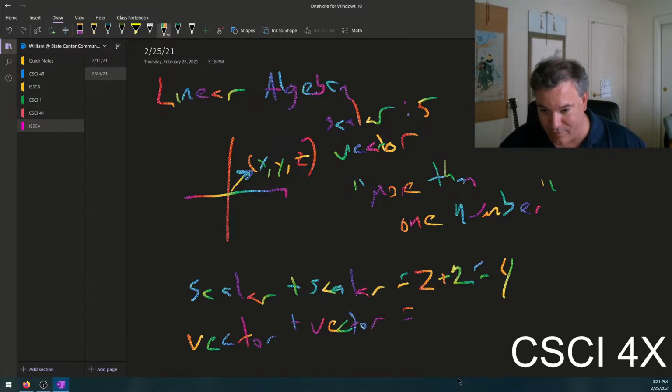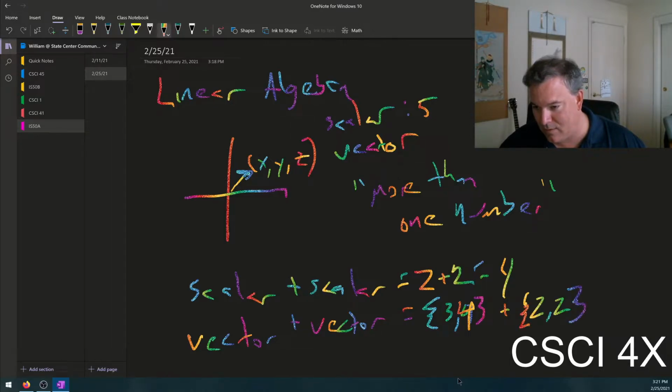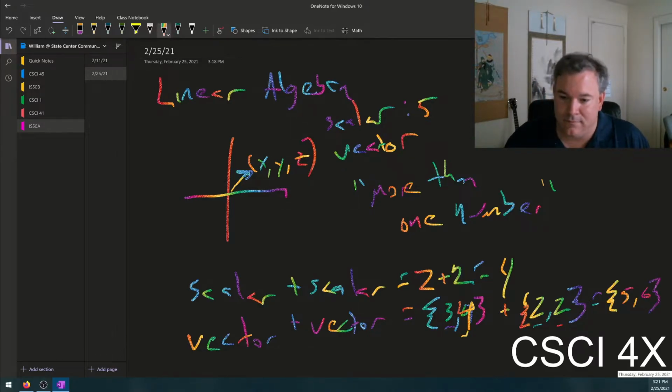There's a couple different ways you can write it, sometimes with curly braces. 3, 4 plus 2, 2. And when you do vector addition, you just add the first number, the x parts, together, and you add the y parts together, right? So 3, 4 plus 2, 2 is 5, 6. Okay, easy.